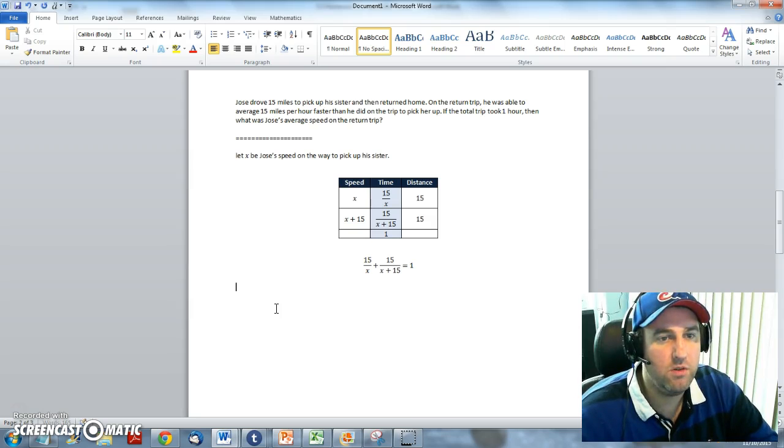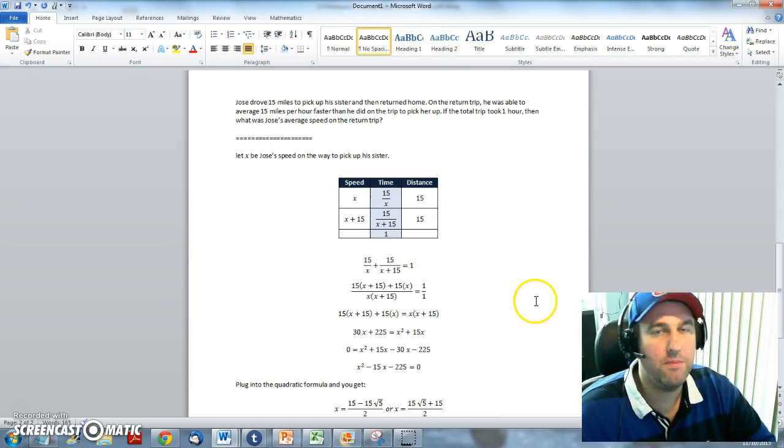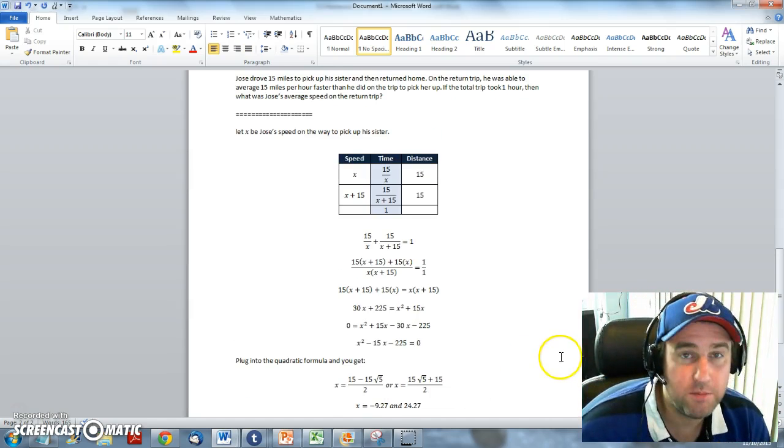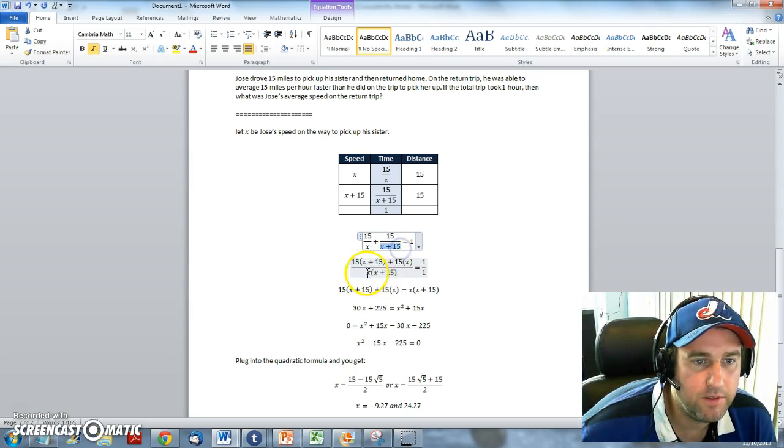I've actually worked all this out already, rather than you watching me fumble with the equation editor, so let me explain what I did. The first thing I did at this step was find a common denominator, which is x plus 15.